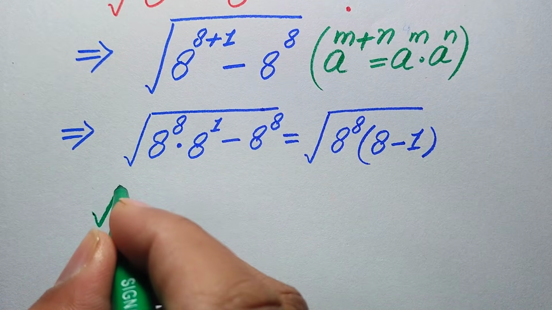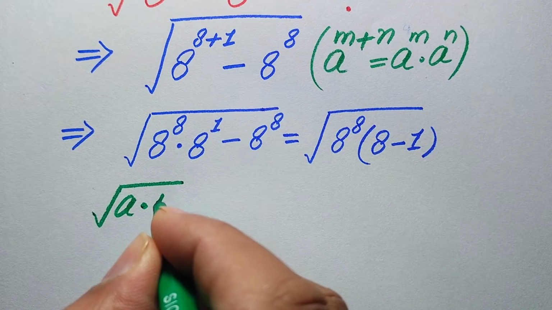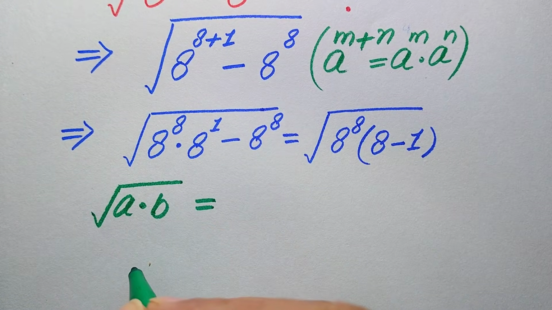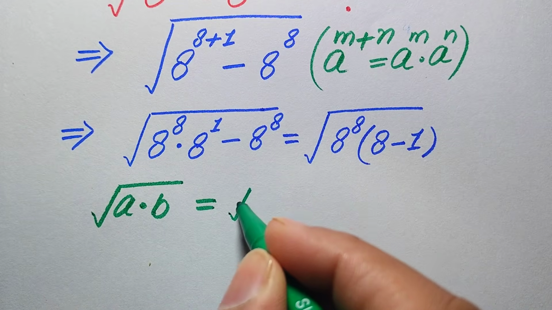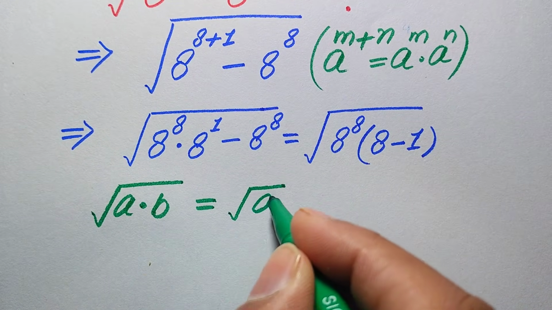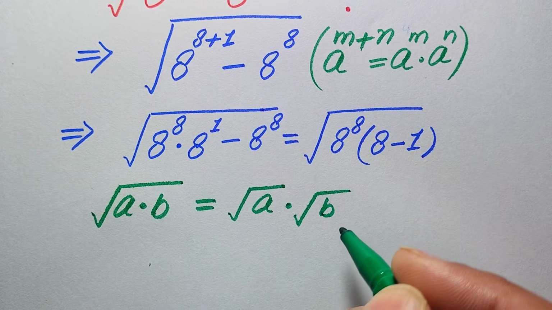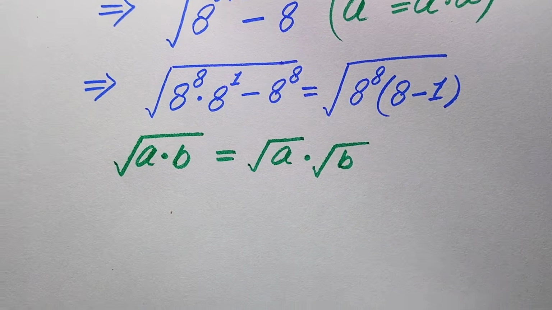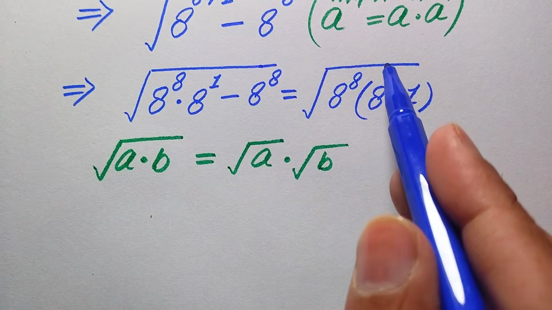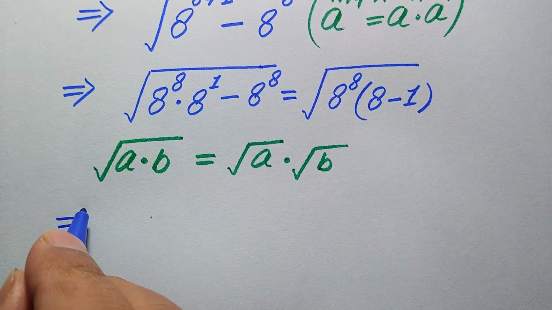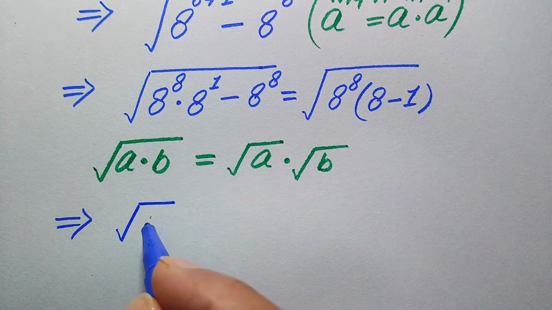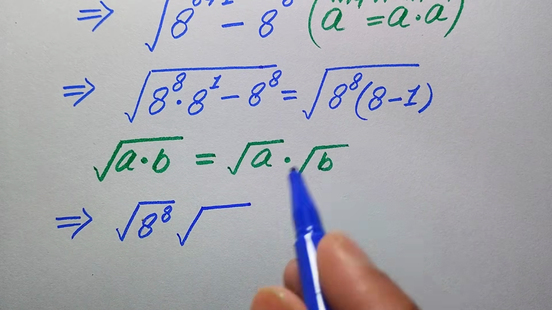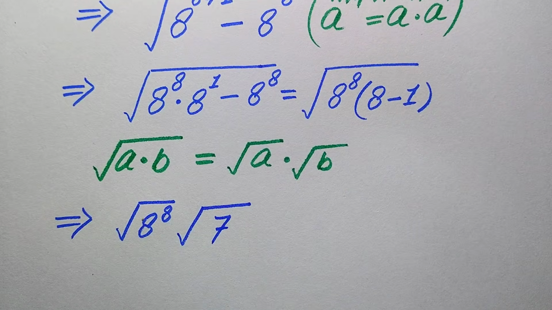You know that if we have the square root of a multiplied by b, with two terms multiplied inside the square root, we apply the square root separately on both of these two values. So according to this rule of radicals, after separation it becomes the square root of 8 to the power of 8 multiplied by the square root of 8 minus 1, which becomes 7.